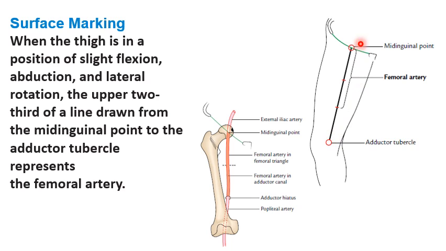Then the upper 2/3 of the imaginary line represents the femoral artery. The lower 1/3 represents the popliteal artery. Okay, so this is the surface marking of the femoral artery.